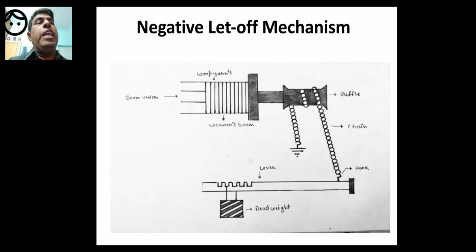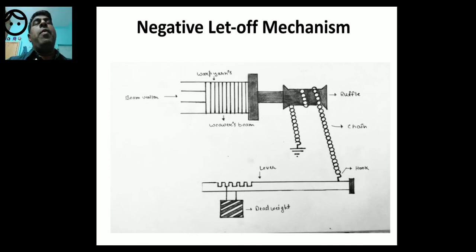So altering the position of the dead weight, it can be moved forward or backward, sidewards. It can be placed in the first tooth, second, third, fourth. So if it is on the extreme end of the left hand side, then the tension will be less, and if it is on the extreme right hand side, then the tension will be more.